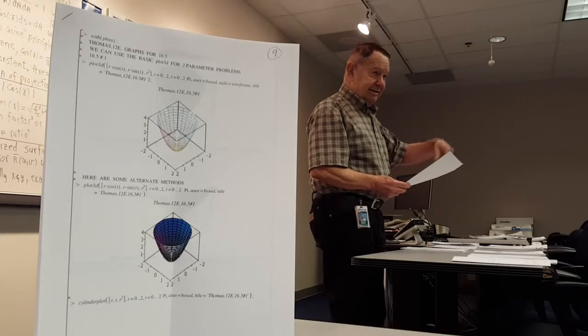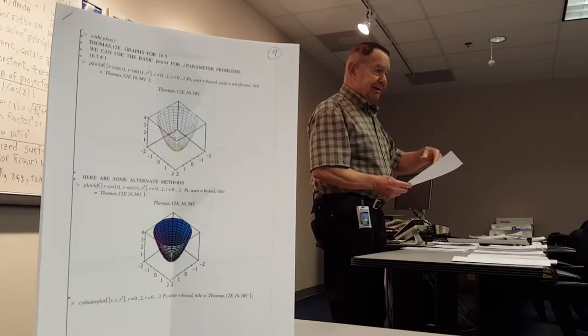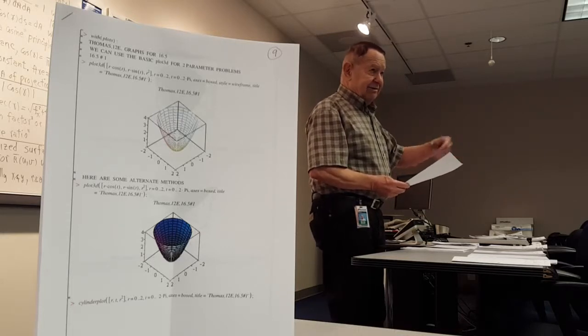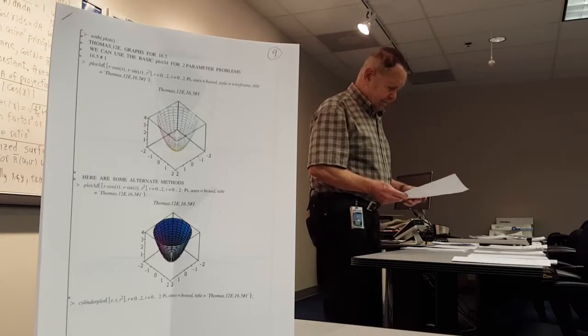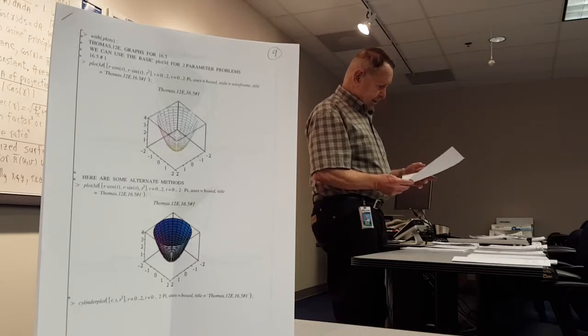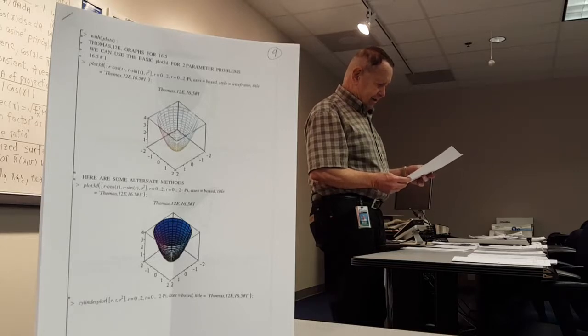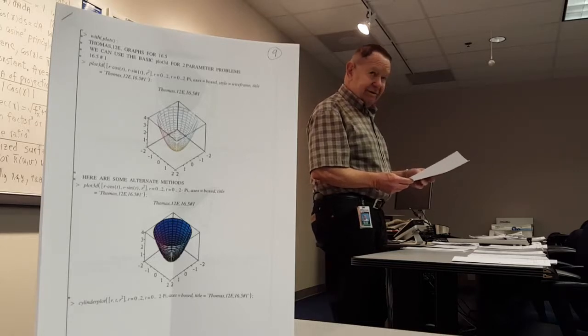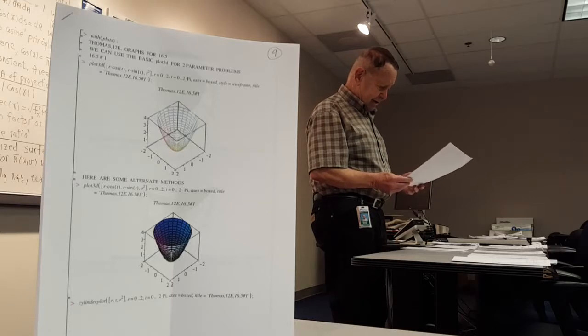So that's like the formula for a parabola, like z equals x squared. And so then I did it again. It's the same thing, but I didn't say style equals wireframe, and so then you see the other style.